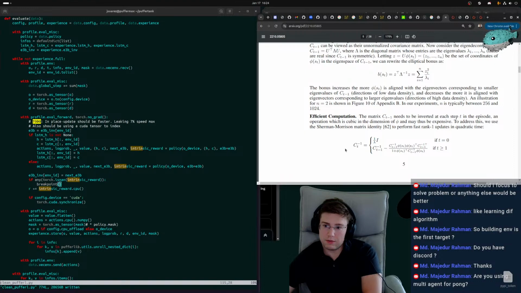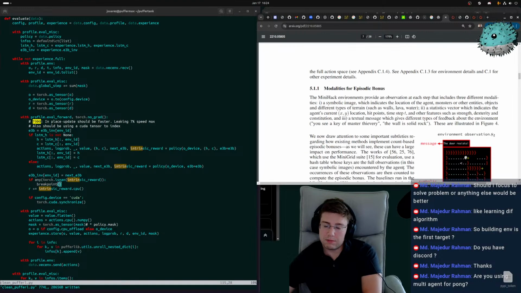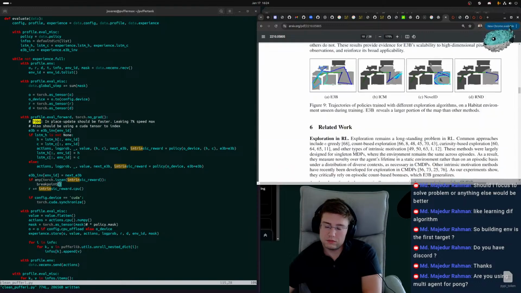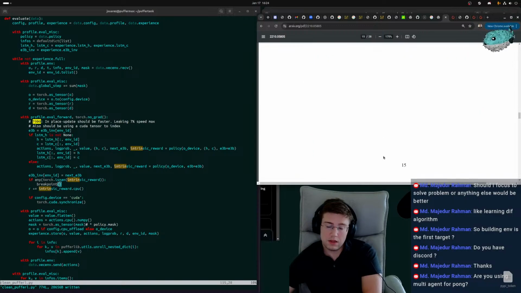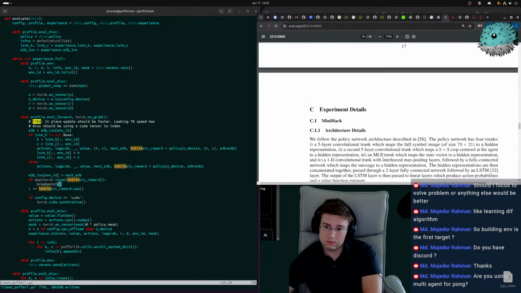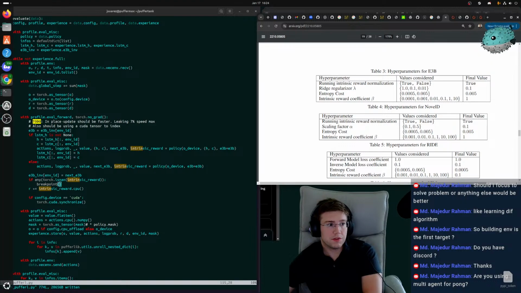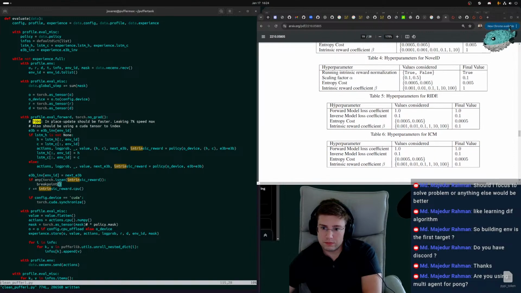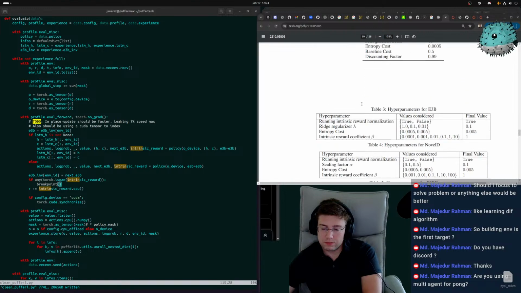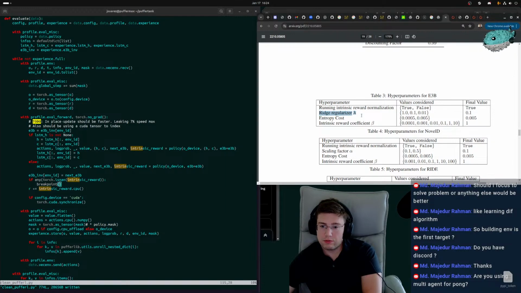One over lambda inverse, right? But they say that their lambda is like 10. I don't see how that's possible, but that's what they say. Ridge regularizer.